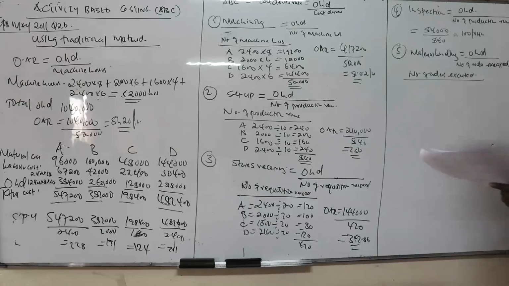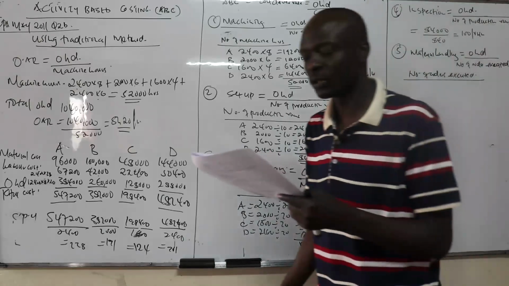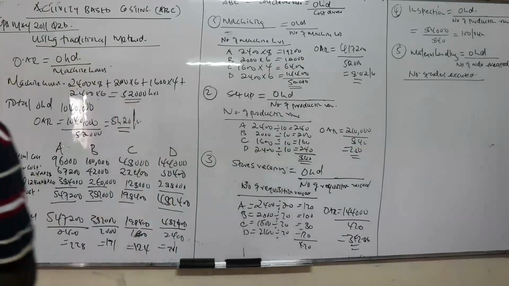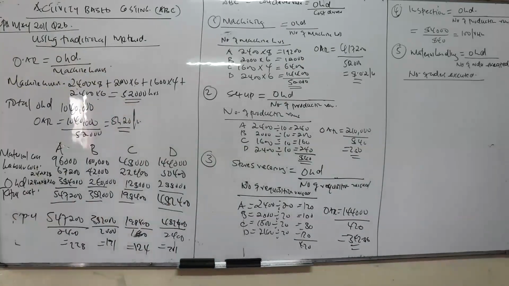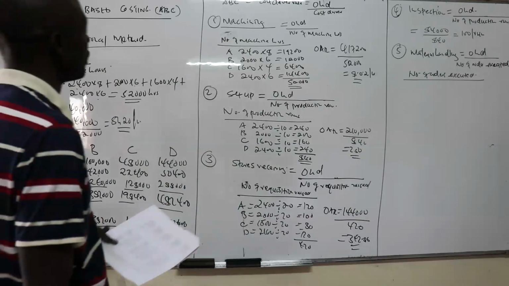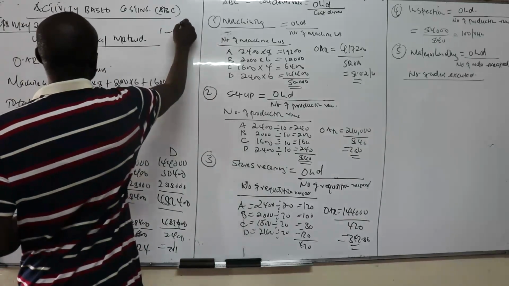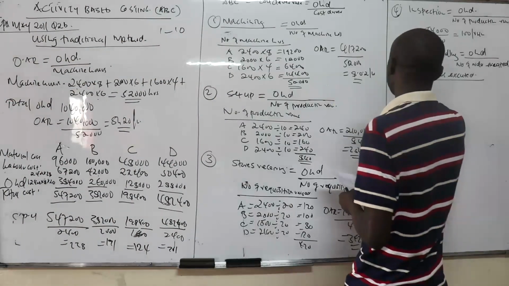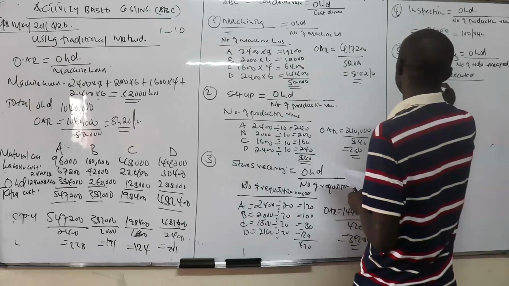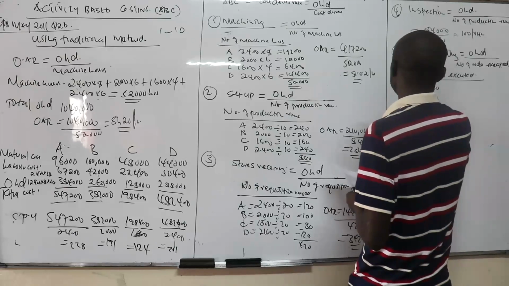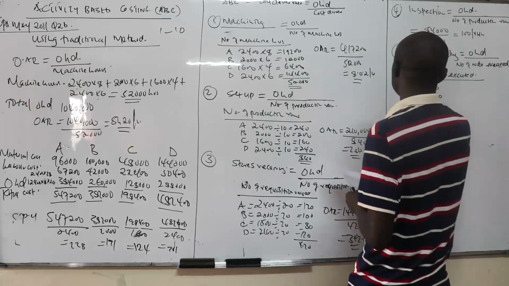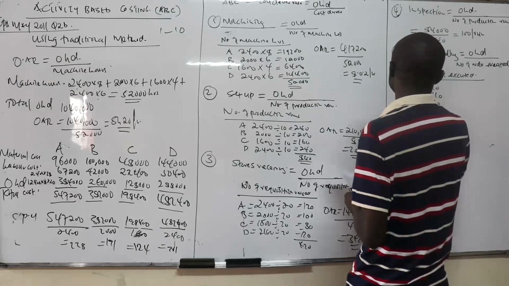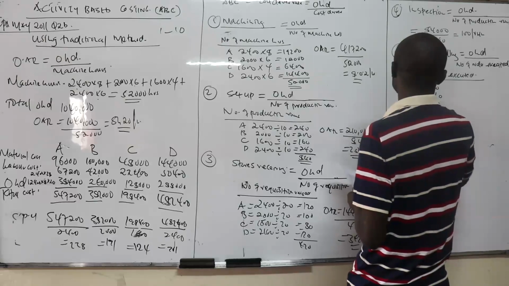There's a note there you read directing us on how to determine the number of orders executed. Orders were executed in batches of 10, so one execution is equivalent to 10 units. So A, 2,400 divided by 10, B, 2,000 divided by 10, C, 1,600 divided by 10, and D, 2,400 divided by 10.